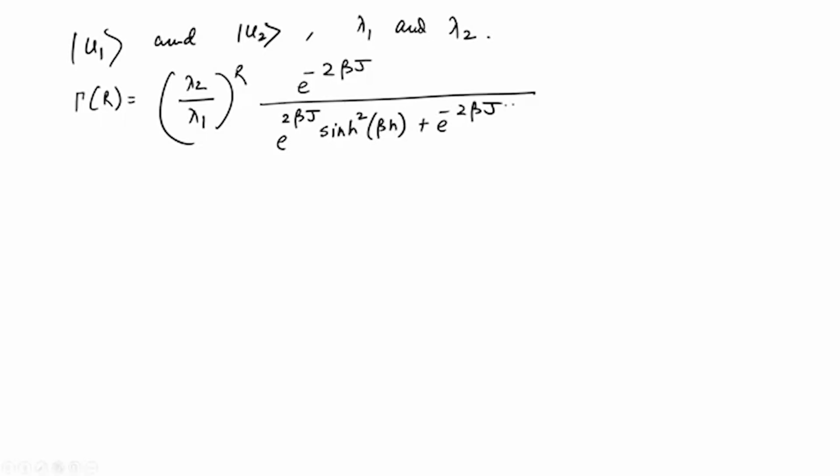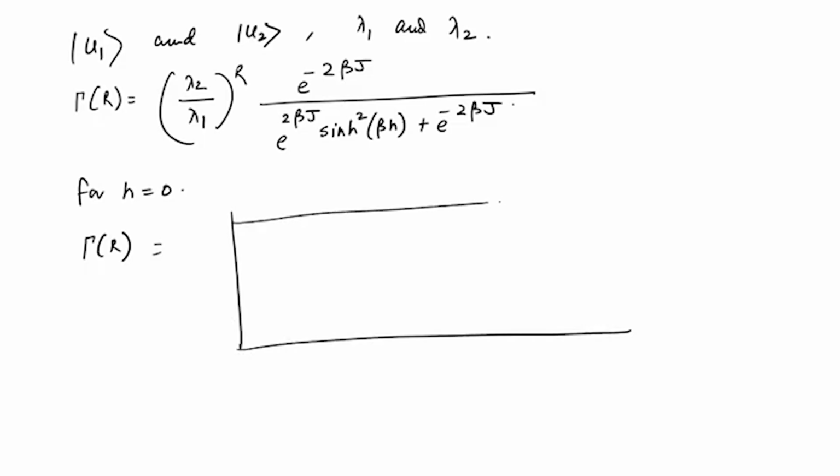So, this is the correlation function that we get, and this correlation function can now be analyzed. If you put H equal to 0, that is the magnetic field equal to 0, then this term goes away, and we have a term which looks like a tanh term, and in that limit this looks like this, for beta equal to 0.